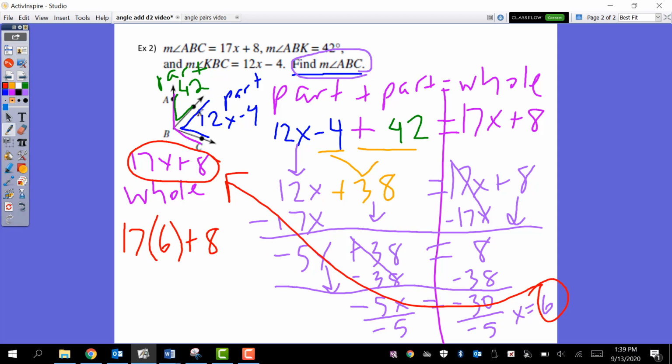You can do this in your Desmos calculator or you can just do it on your phone. 17 times 6 is 102 plus 8. If you just add those together, that's 110 degrees. So final answer is 110. If you have any questions, go back and watch the video. Otherwise, you can move on to your next activity.